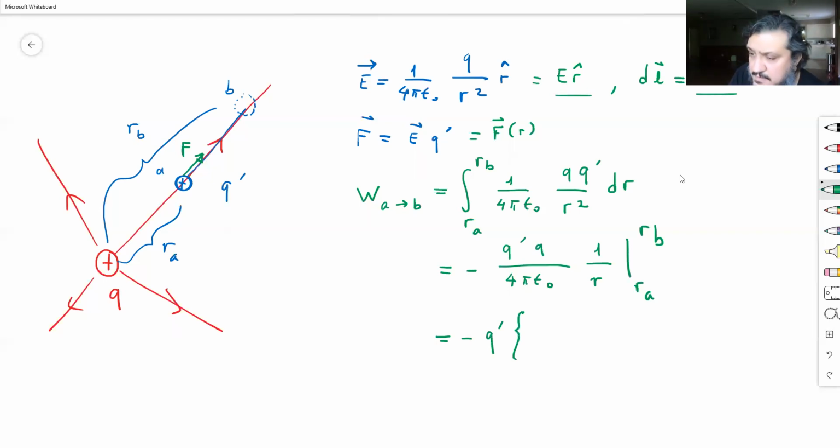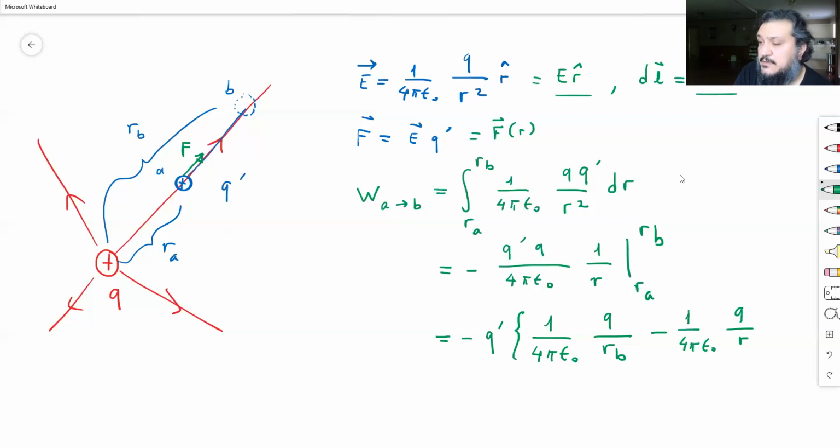In the first term, I have 1 over 4 pi epsilon 0 q over RB, and then minus, remember I factored the first minus out, so this is minus here, 1 over 4 pi epsilon 0 q over RA.